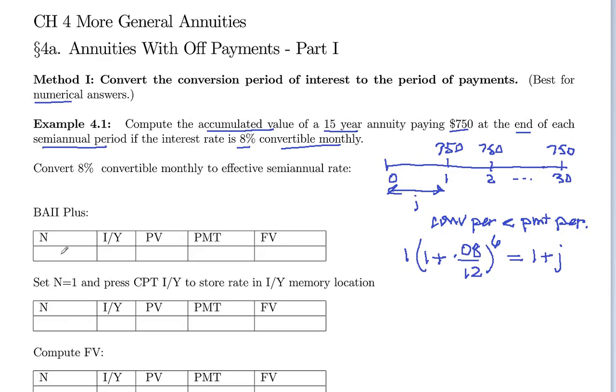Or with the TVM keys, you could do the same thing here. You could set N equals 6. Your IY is going to be 8 divided by 12. Your PV is $1. Payment is not involved. Compute your FV, and that's going to give your 1 plus J. So accumulate $1 for 6 months. Let's do that real quick.